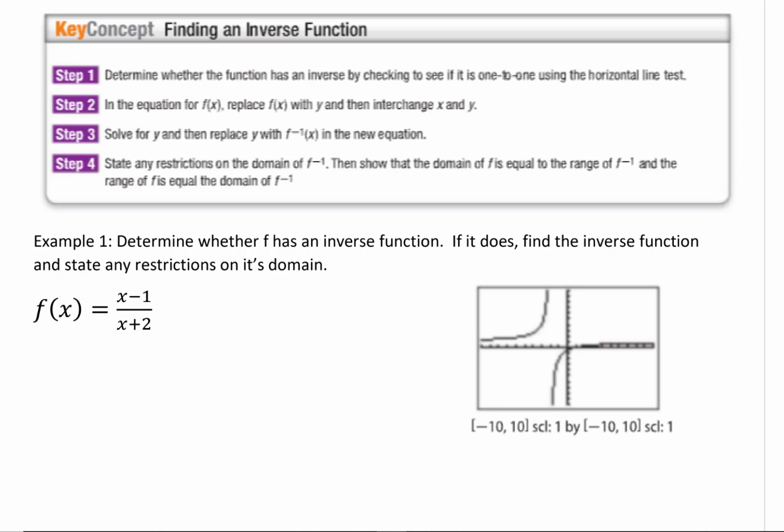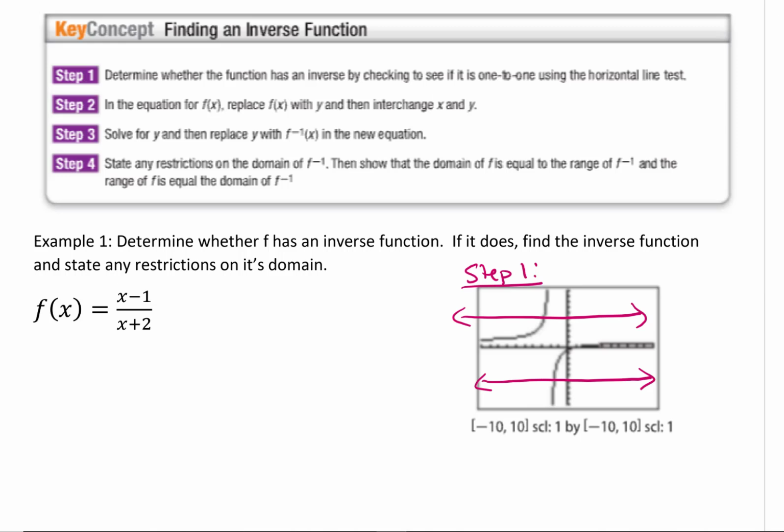So I have a picture below. We're going to start with step 1. Here is our horizontal line test. We did horizontal lines at 2 different spots, and we passed each time. We are only touching the graph at one spot.